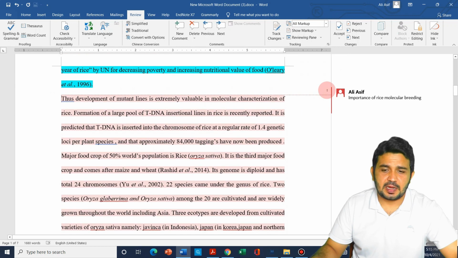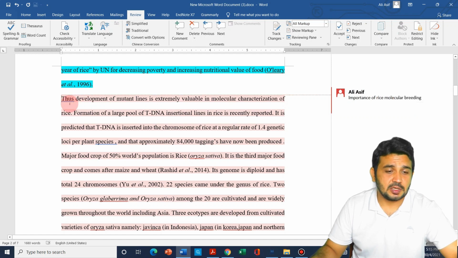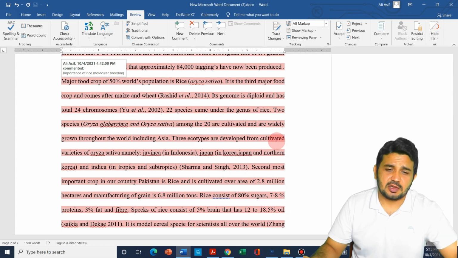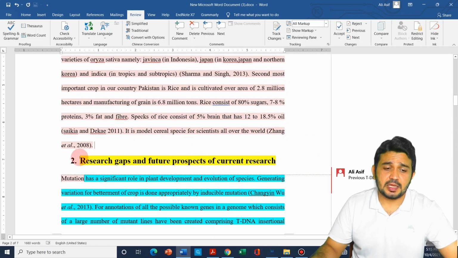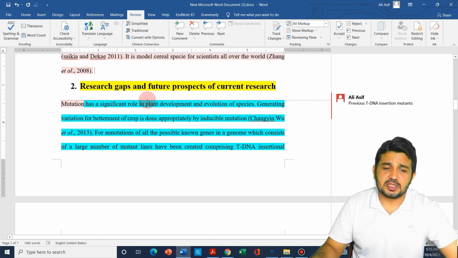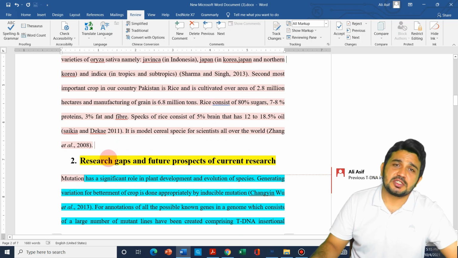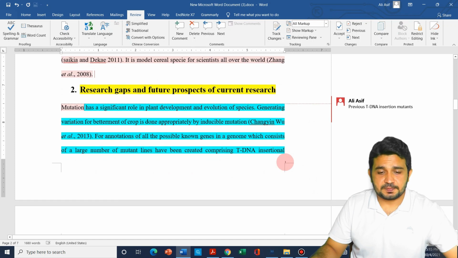In the third paragraph, we can see that it is related to the importance of rice molecular breeding. This paragraph should be related to the previous discoveries, what has already been done, and what should be done in the near future. According to the research gap and future prospects, you can just connect the story of the last few lines with this paragraph, so you can mention a few research gaps in the previous studies, and you can also mention the prospects of the future.